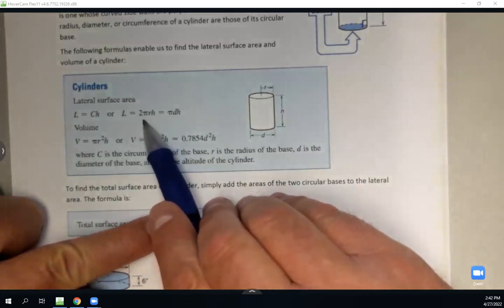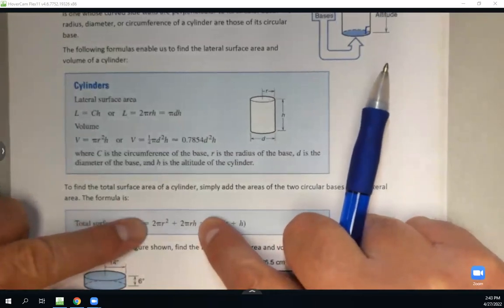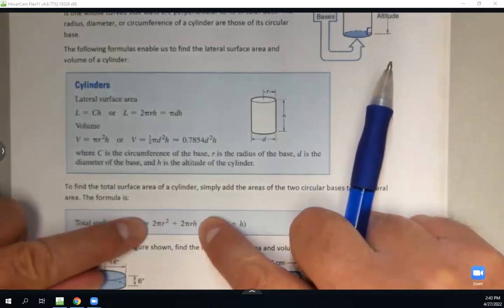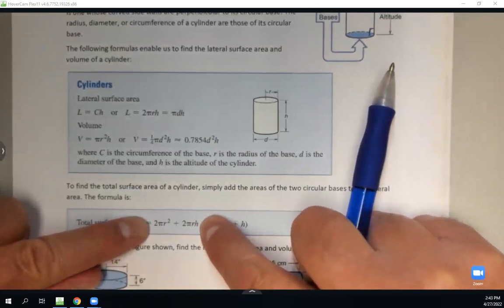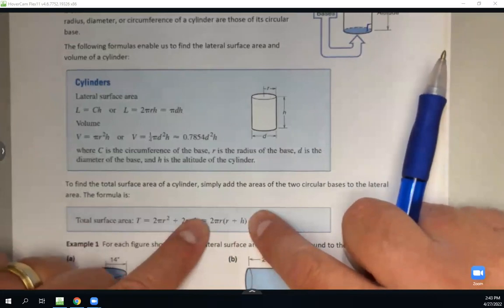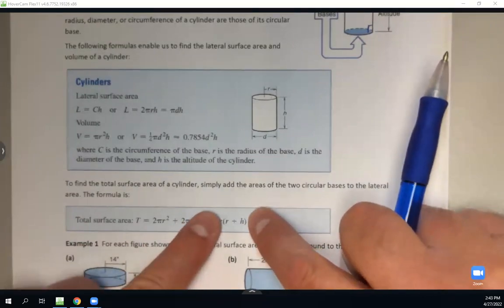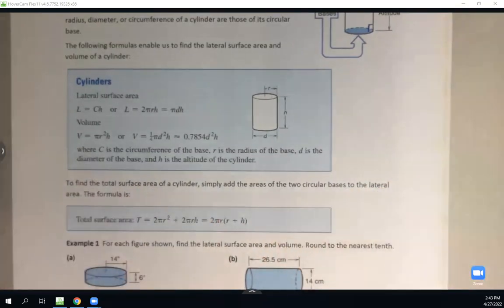Does that make sense? Okay, and so add that together, you got the total surface area. And then if you're going to find the total surface area, you could make the formula a little simpler by just doing that. So all they've really done is factored out 2 pi r. So 2 pi r times in parentheses r plus h gives you the same thing.